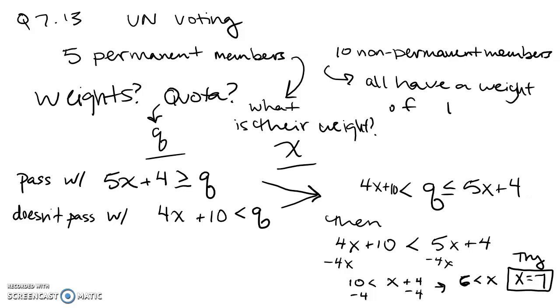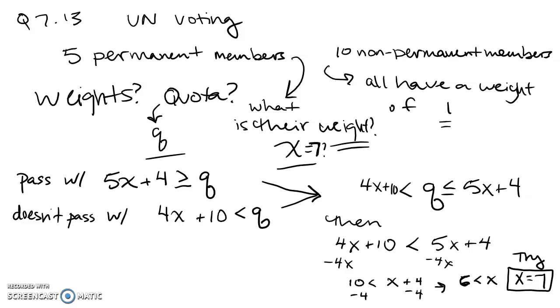Remember, x was the weight for the permanent members, so we're going to try giving them a weight of 7, and the non-permanent members a weight of 1.